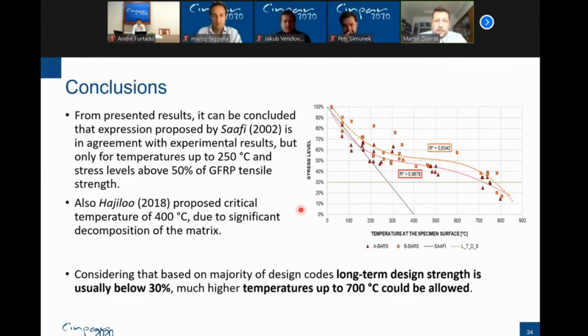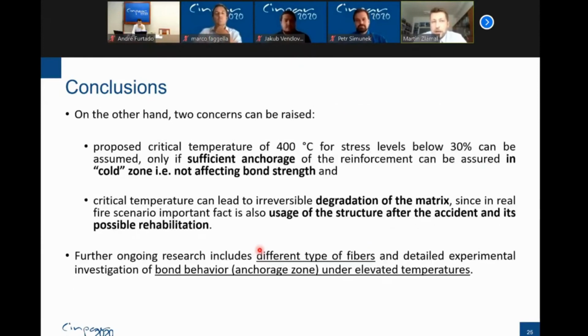But as I said, we got here some other problems. Long-term design strength is usually below 30%, therefore we may maybe use 700 degrees as a temperature which is possible to use. But on the other hand, we got here other problems.